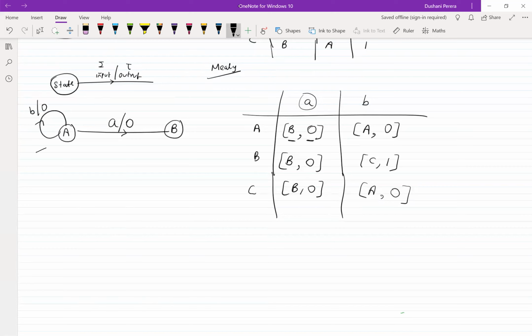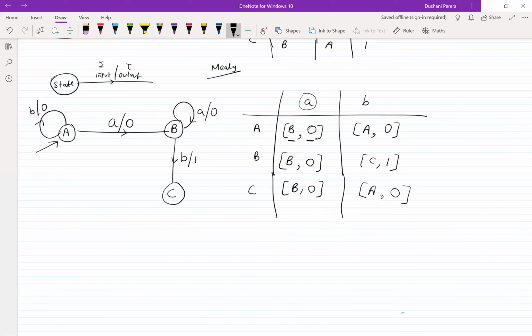Okay, this is your initial state. When you're at B, when you get a simple A, you come back to B, output is 0. Okay, then when you give a simple B, you come to C, and what you should print is 1.